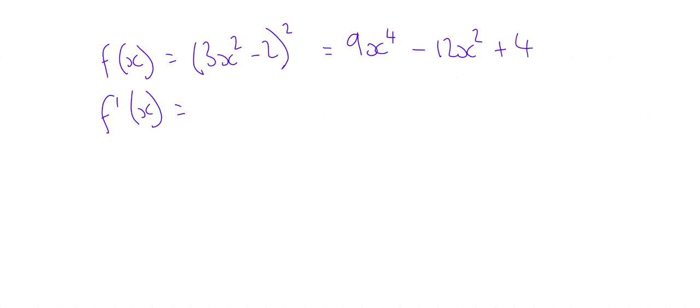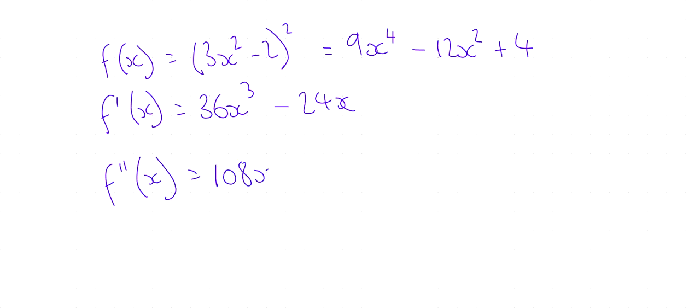Let's derive it. What do we get? 36x cubed minus 4. That is the equation of the gradient. And if we want the second derivative, what do we get? Okay, well done.